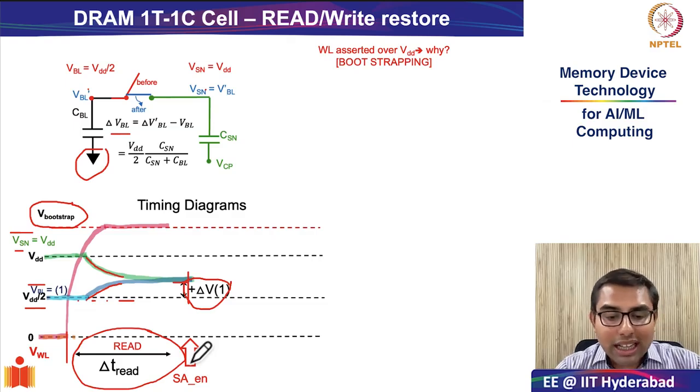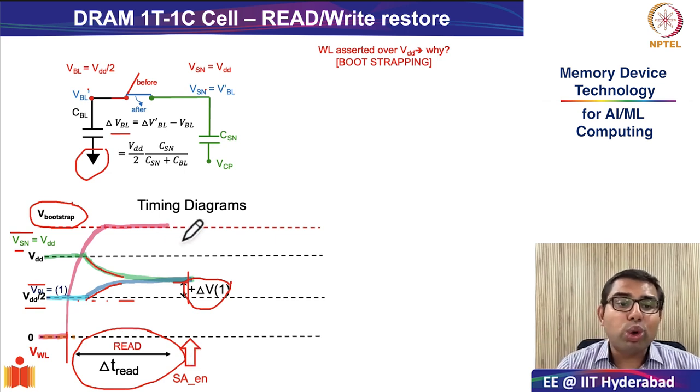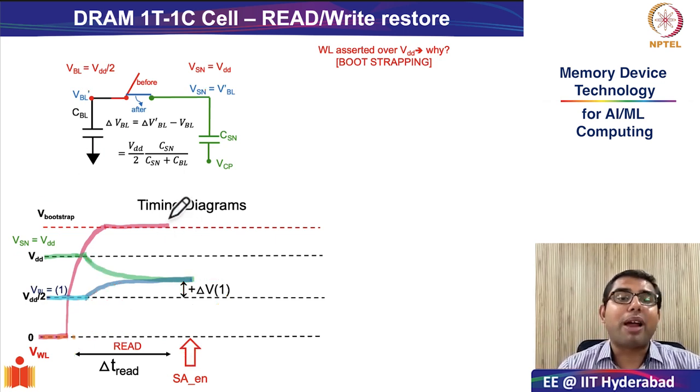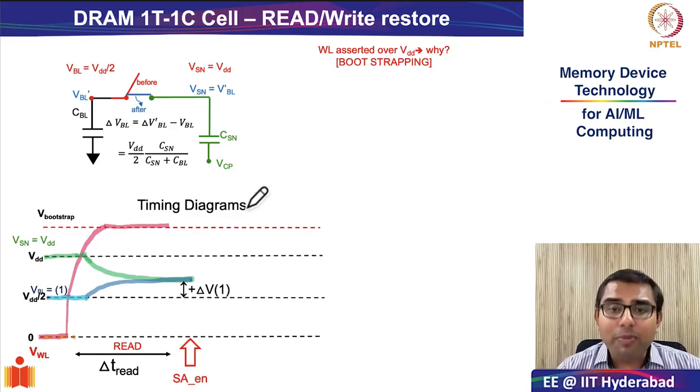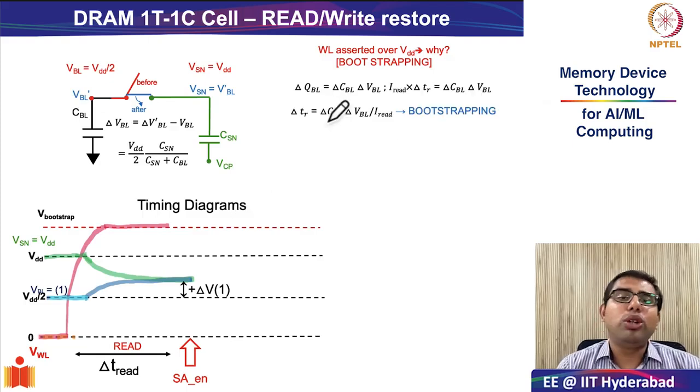Okay. And with this information, I want to bring you back to the question. Why did you have to go through this trouble of doing bootstrapping? So let us look at this question again. And we will do that again by using some very, very simple equations. I'll tell you what are the assumptions we are making in these equations. But even after these assumptions, you will see that it gives you a lot of important, insightful meaning.